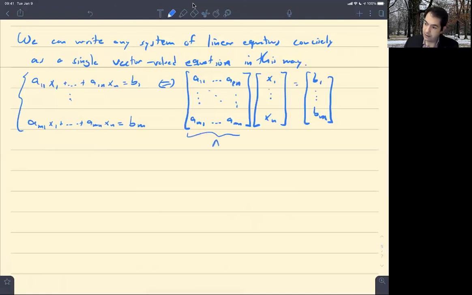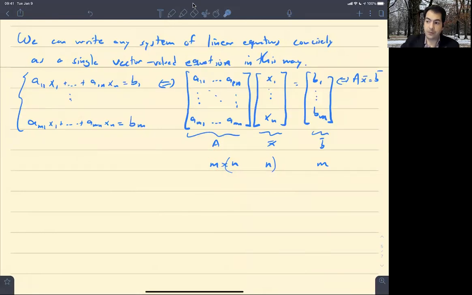So this would be A, this would be x, this would be b, and this is the system Ax equal to b. Notice here that A is an m by n matrix, x is a vector of order n, and like we said before, these two have to match in order for the matrix vector product to make sense. If they do match, then it's like they cancel off, and you end up with a vector of size the remaining letter.